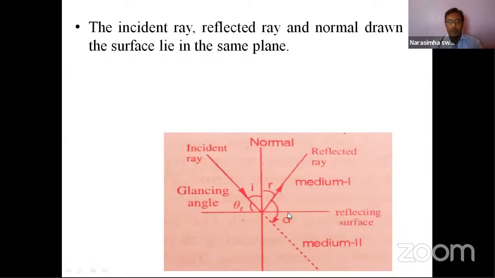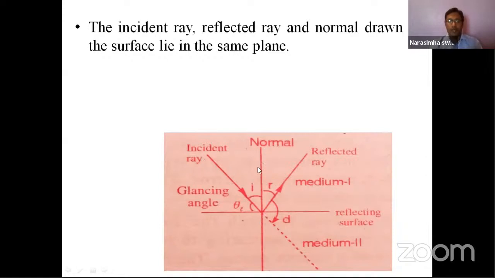This is a surface. On this surface, when the light ray is incident with a certain angle with the normal, this is the normal. This normal is always perpendicular to the surface.